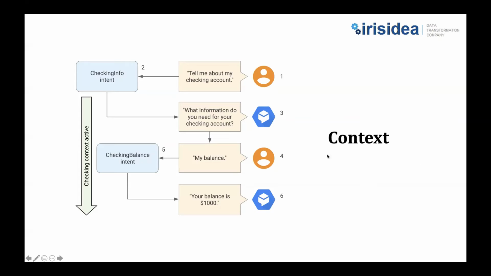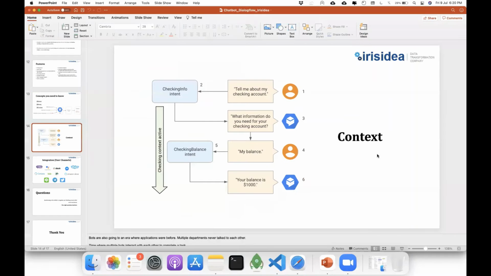So that is nothing but sticking to the context, so that the chatbot doesn't have to keep on asking the same question. Rather, it just asks once, and you don't have to enter the data again.